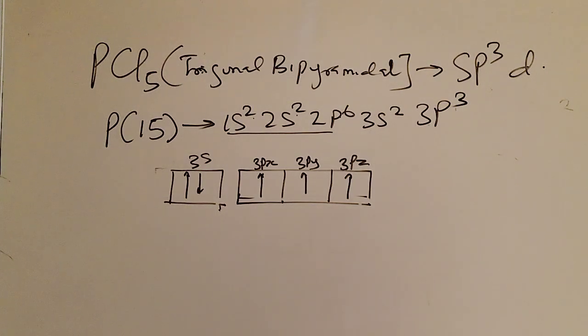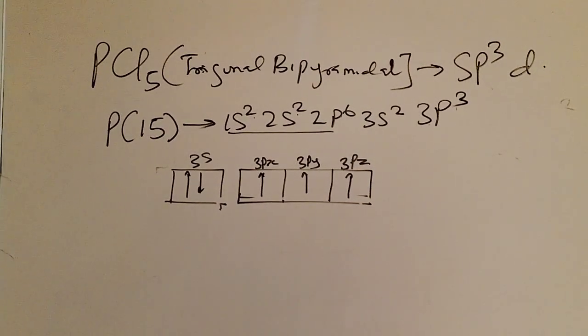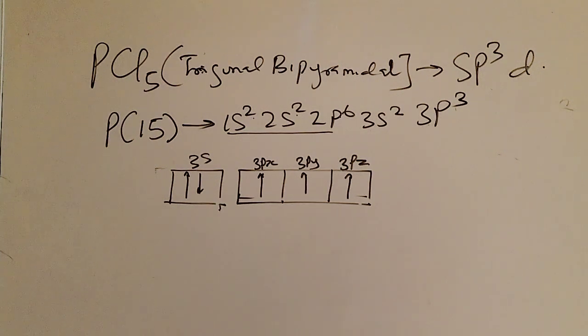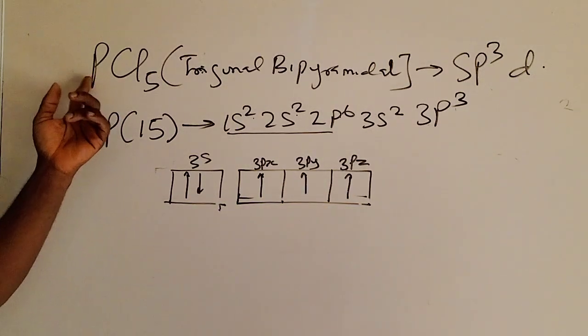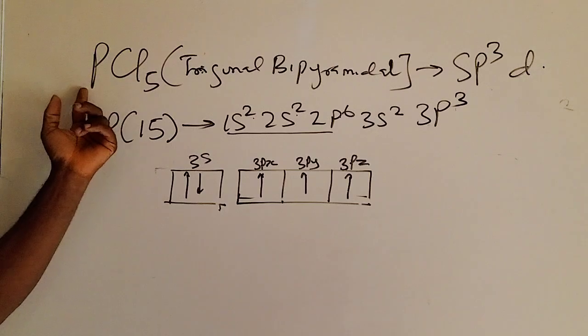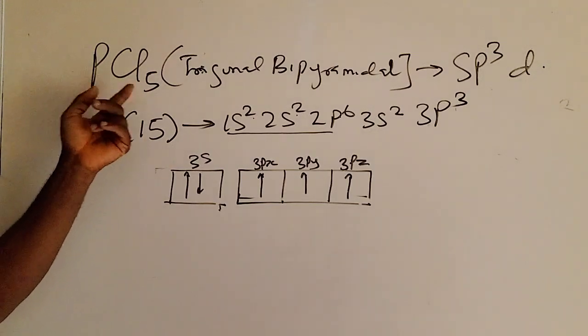Now let's look at it very well and see whether there are errors there. 15. So look at the structure again. Phosphorus. There are 3 unpaired electrons in phosphorus. In phosphorus pentachloride, phosphorus maintains a valency of 5.